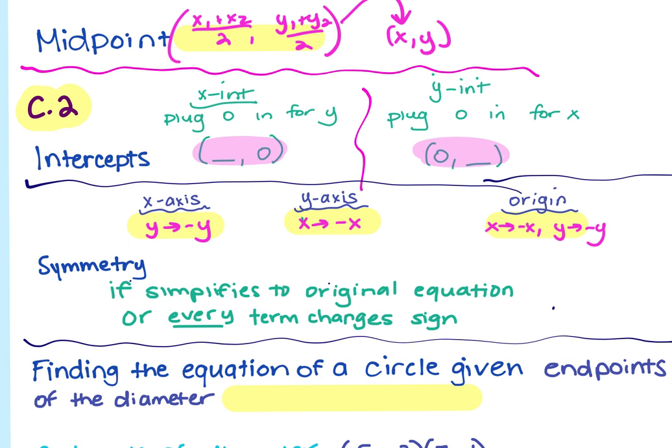And then we check if it simplifies to the original, or every term changes sign on both sides of the equal sign, then it would pass whatever that test was. So if we changed the y to negative y, we would say it has x-axis symmetry. X to negative x, y-axis, and then both would be origin.